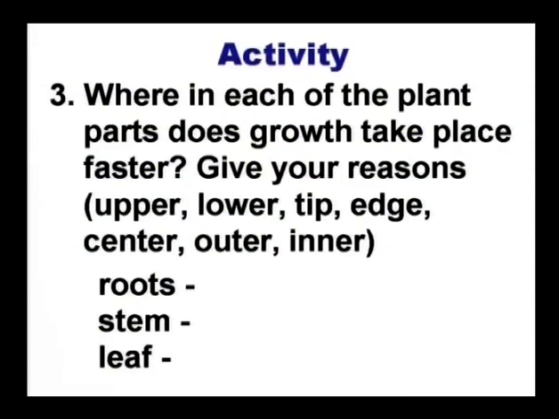So I'd like you to quickly copy this instruction in your exercise book. Where in each of the plant parts does growth take place faster? You give your reason, and I have given you clues there. The upper part, lower, tip, edge, center, outer, or inner.